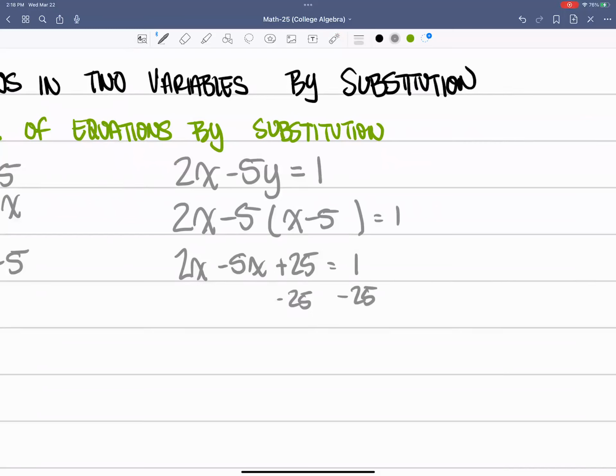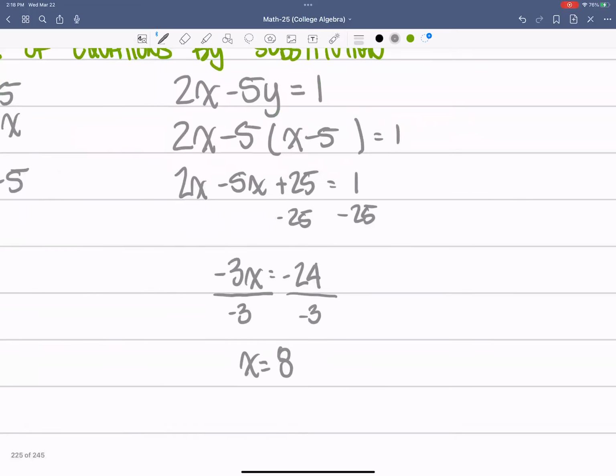So 2x minus 5x is going to be -3x. And that's equal to -25 plus 1. That's going to be -24. Lastly, to get x by itself, we could divide both sides by 3, or -3 in this case. 24 divided by 3 is going to be 8. The negatives divided out, so it ends up being positive.